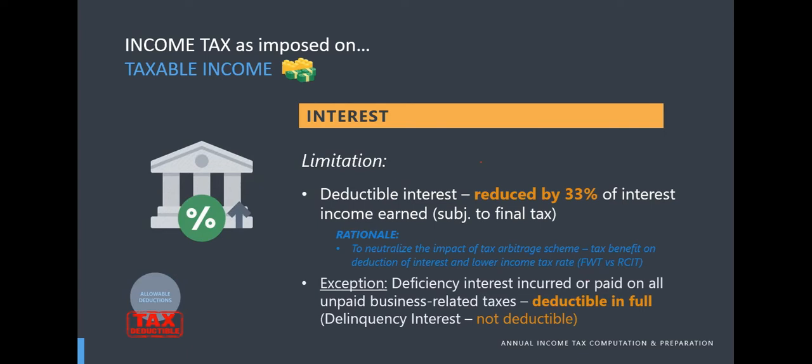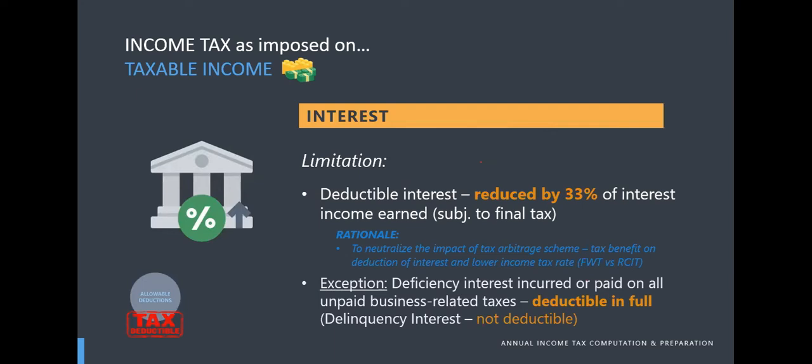So these taxes, aside from the incurrence of penalties, is subject for a deficiency interest from the time of filing of the tax return up to the time of discovery of the under declaration. So this deficiency interest on unpaid business and related taxes is deductible in full.